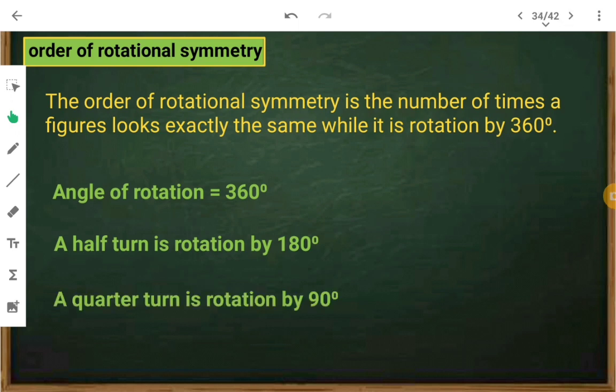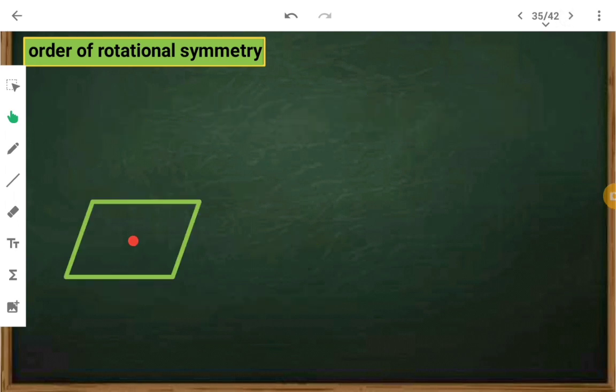In some figures, you will get the original only with a quarter turn. So, a quarter turn is rotation by 90 degrees. A complete turn means 360. Half turn is 180. Quarter turn is 90 degrees. I'll give an example to understand the order of rotational symmetry.